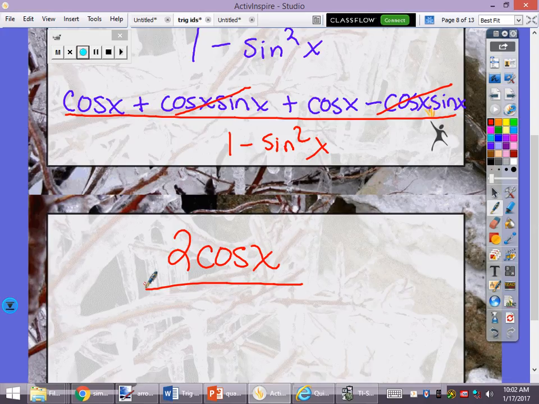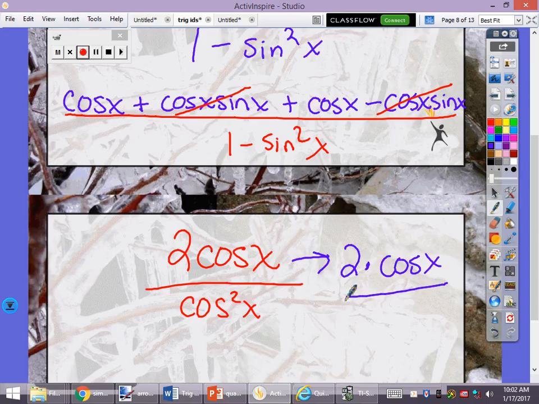1 minus sine squared x is cosine squared x. Now, please remember, this means the same as this, yes? You don't have to write this out, I'm doing why it works. So I can cancel a cosine.